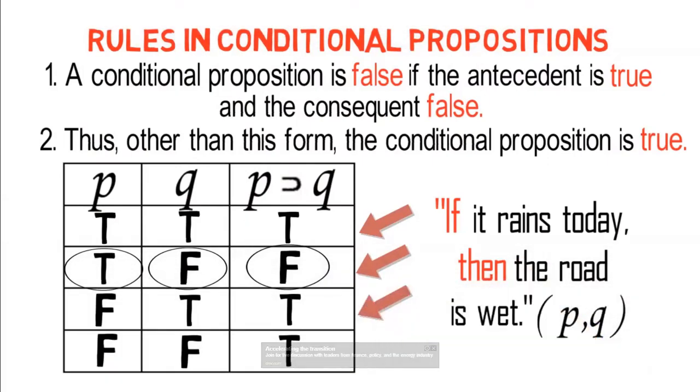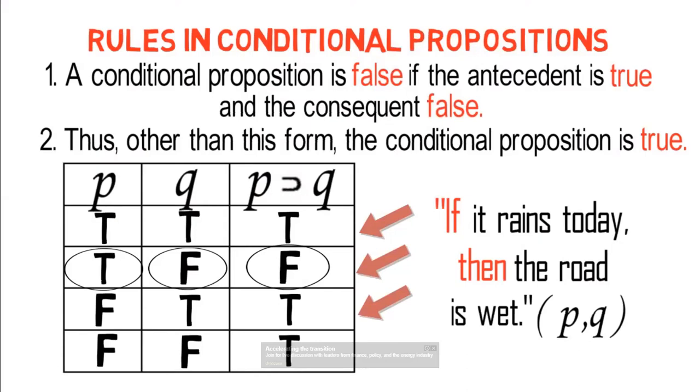Now the third row says that P is false and Q is true. Now if this is the case, then P then Q is true.